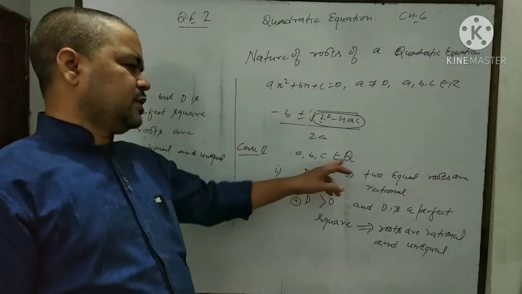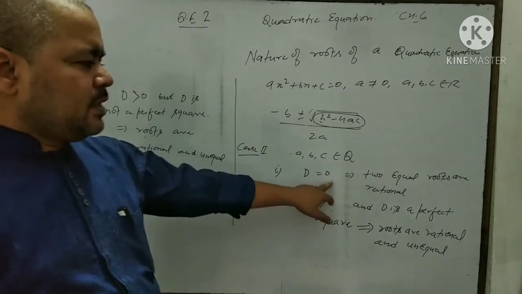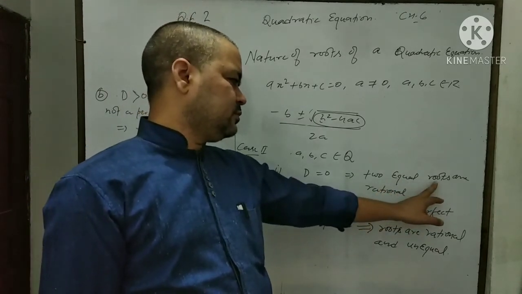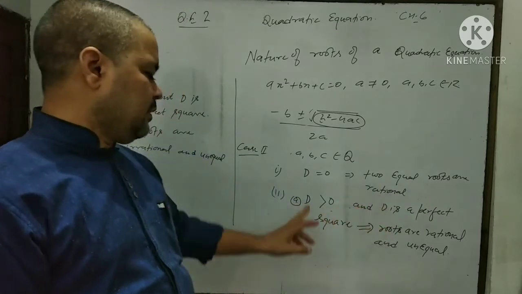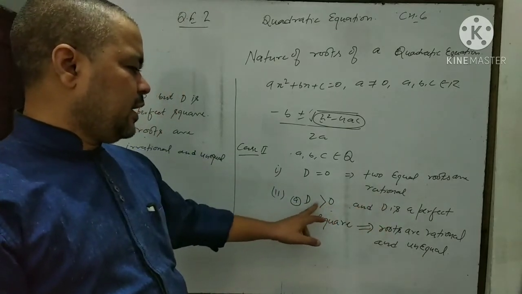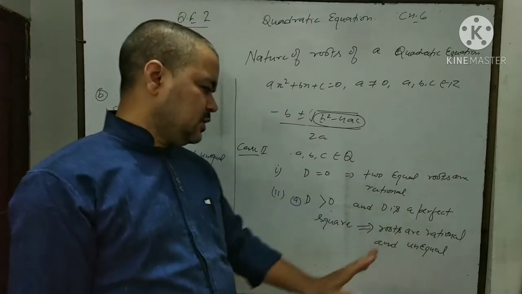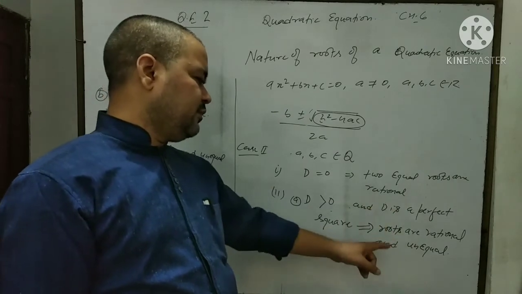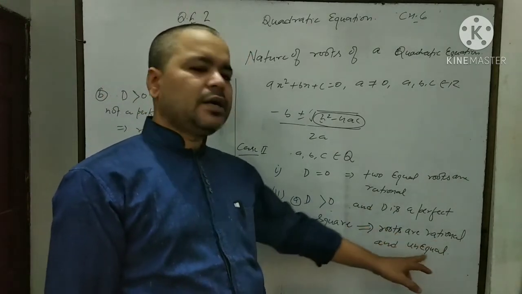When a, b, c belong to rational numbers and the value of discriminant is equal to 0, in this case we have two equal roots which will be rational. If the value of discriminant is greater than 0 and D is a perfect square, in this case we have two different real roots, meaning roots are rational but unequal.